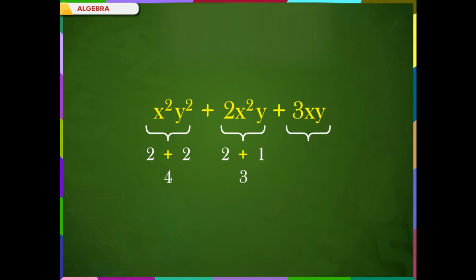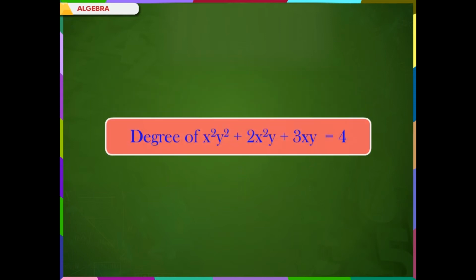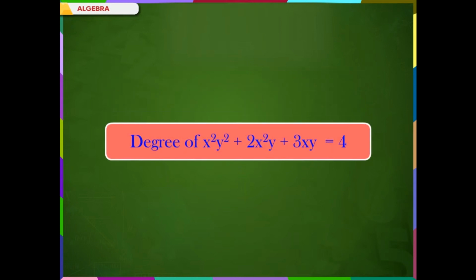Likewise, in the third term 3xy, since the power of x and y is 1, so 1 plus 1 is 2. So the degree of this term is 2. Now, when we compare all the three degrees, we find that the greatest number is 4. Therefore, the degree of the polynomial is 4.